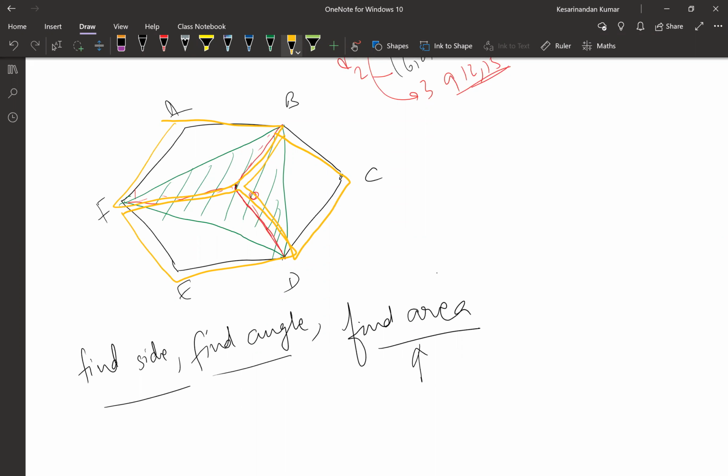That means half of every one of them. So basically I can say this area, this and this are same, 1 and 2, 3 and 4 are same, 5 and 6 are same. So after a total of 6 areas, I have covered 3 areas. Naturally the ratio would be 1:2.